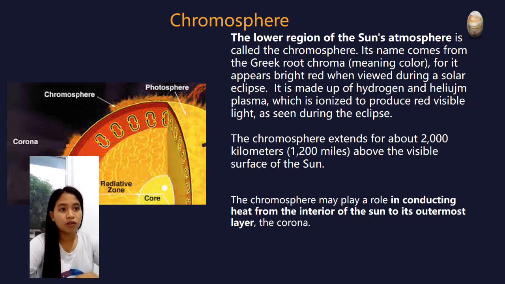It is made up of hydrogen and helium plasma, which is ionized to produce red visible light as seen during eclipse. The chromosphere extends for about 2,000 kilometers above the visible surface of the sun.